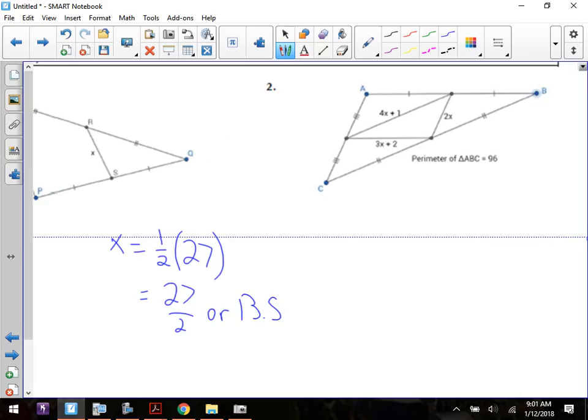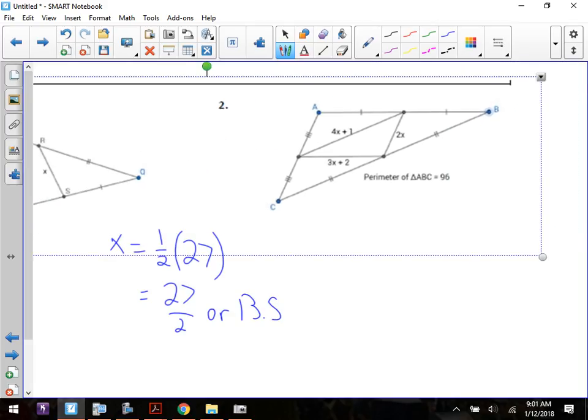Same deal here. When I'm looking at that, I know that the perimeter of triangle ABC is 96. This is a bit of a trick. And the reason it's got to be half is because the triangle on the inside has half of the other one.